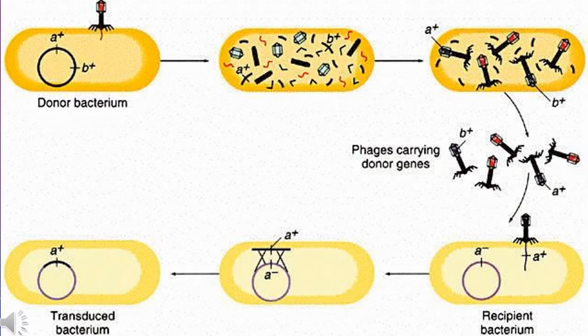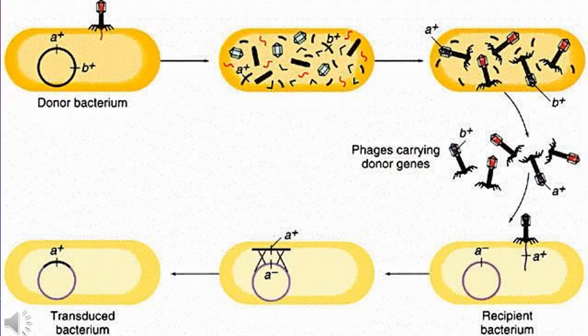During the formation of the mature phage particles, a few phage heads may surround fragments of bacterial DNA instead of phage DNA. Let's take a look at all of these assembled phages inside the bacterial cell. One phage head has the A plus gene and the other has the B plus gene. And the rest, they just have the phage DNA.